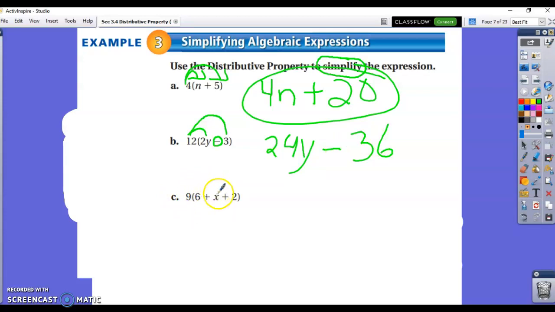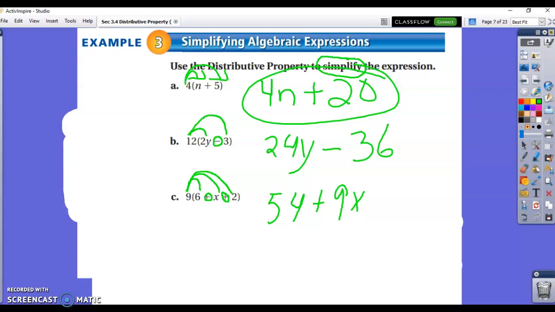And we're going to do the same with c here. Notice though, I have 3 values inside my parentheses. So I actually have to distribute to all 3, and I have to keep the signs that are in between both. And if you see that there's not a sign in front of the 6, that means that it is a positive. So we're going to take 9 times 6 first, 54. Then we're going to take 9 times x, which is 9x.